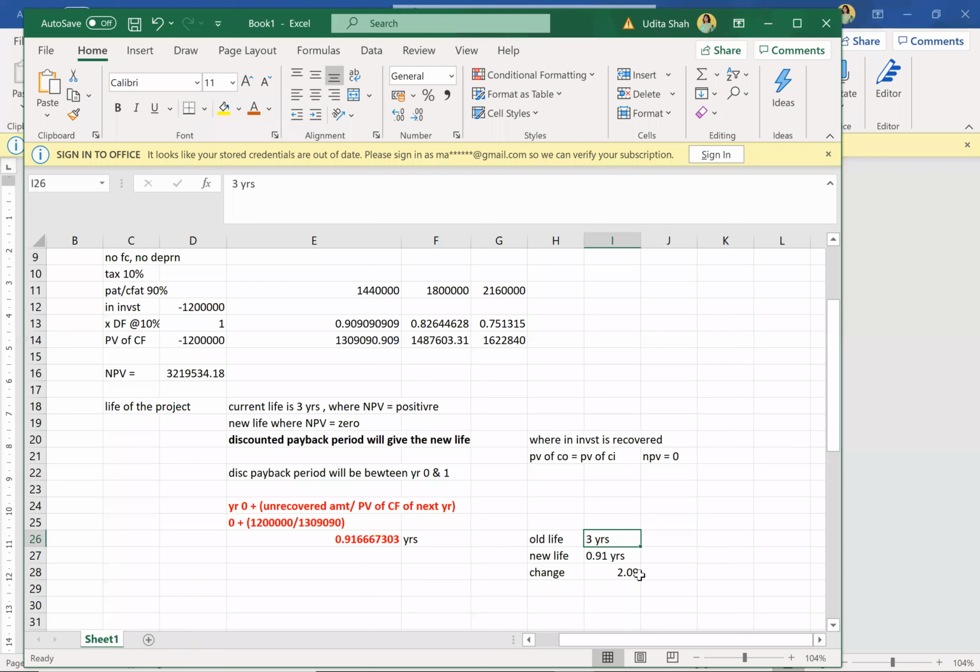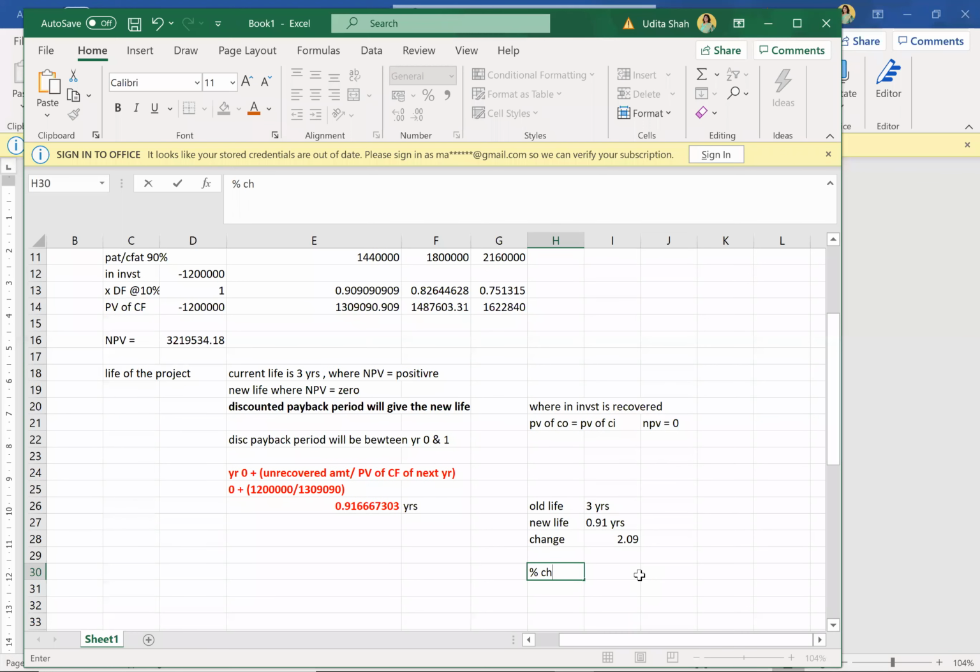So what is the percentage change? Percentage change will be 2.09 divided by 3 into 100, that is change upon original into 100. That is 69.66%.